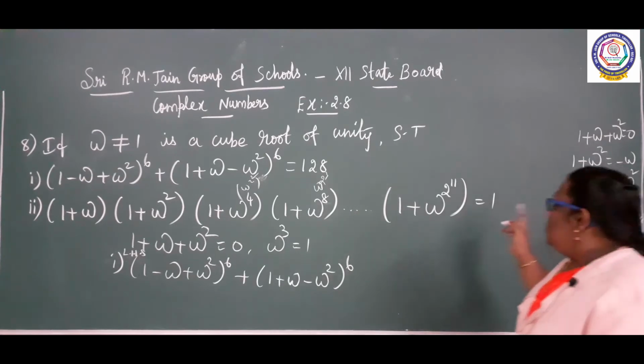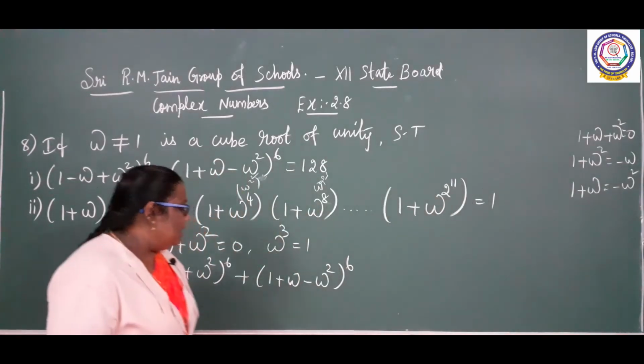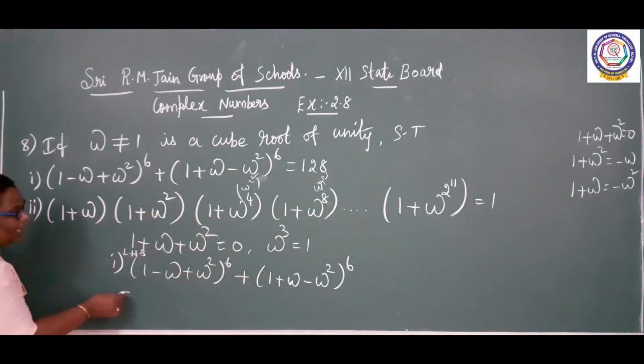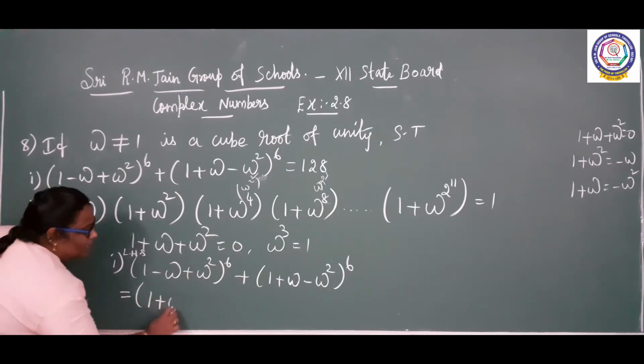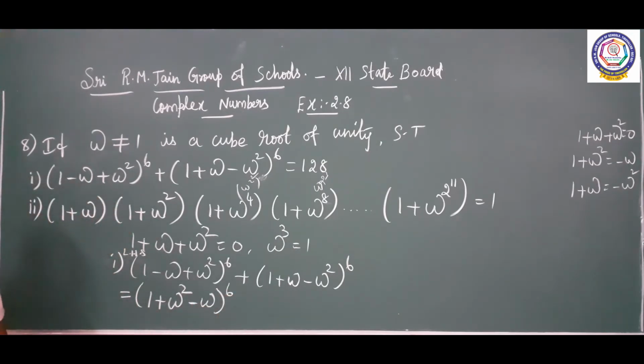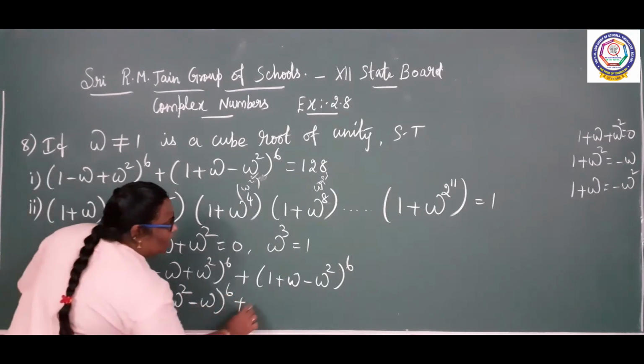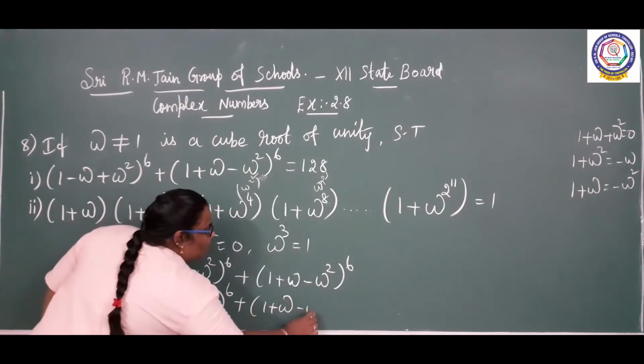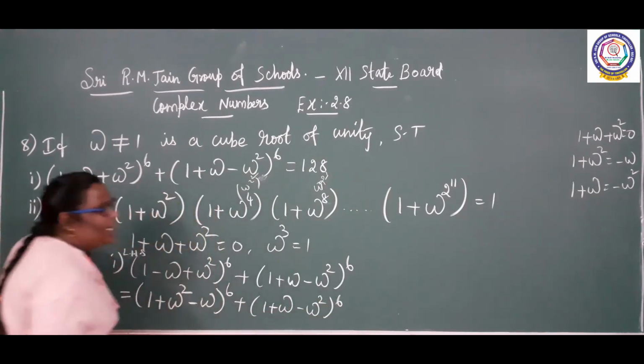So you can substitute the values here. LHS equal to (1 plus omega square minus omega) whole power 6 plus (1 plus omega minus omega square) whole power 6.